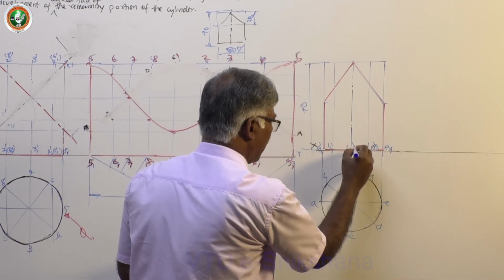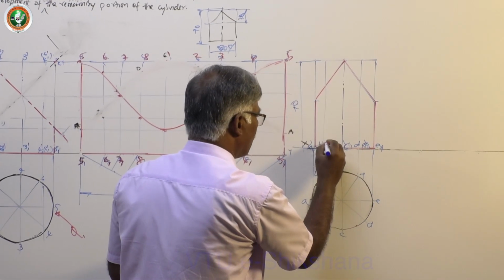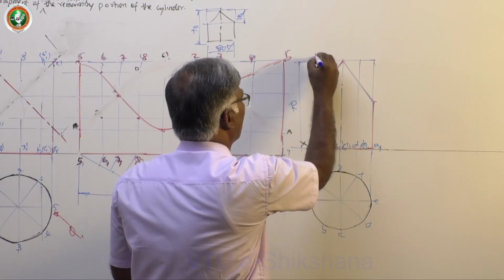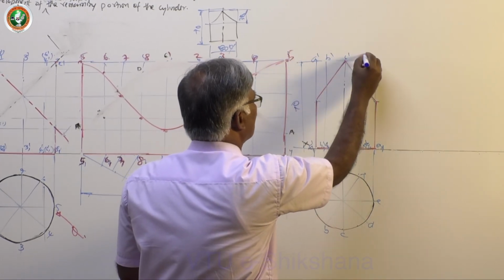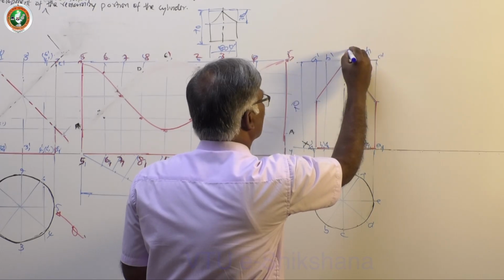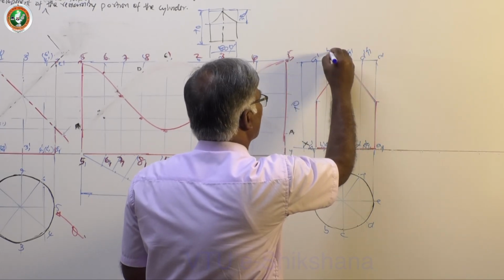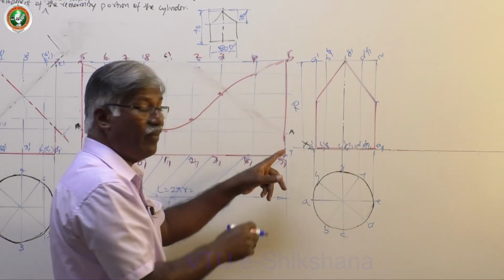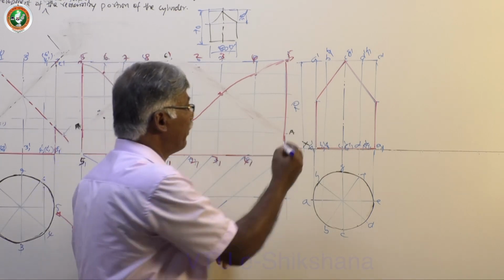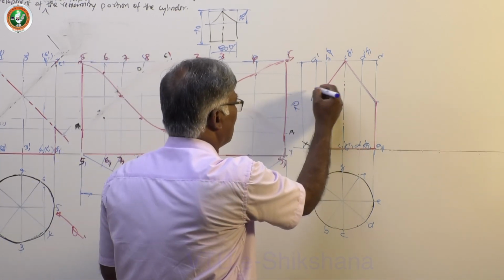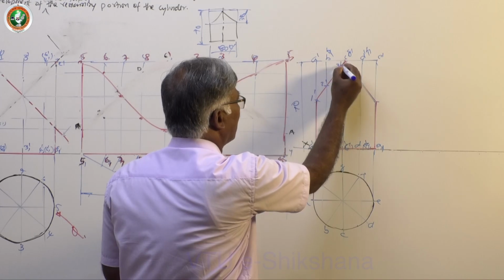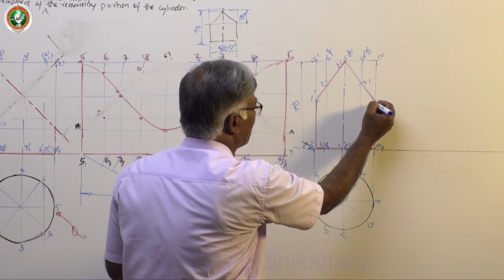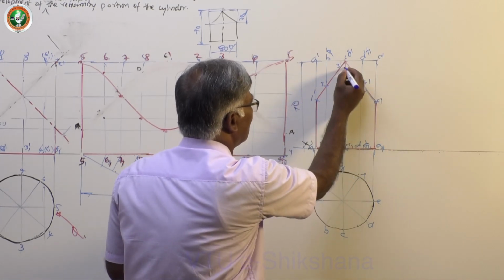Just for change I am doing it. Okay, H1 dash. This is A dash, B dash, C dash, H dash. Now we can name 1, 2, 3, 4 for the points of intersection. This is 1 dash, 2 dash, 3 dash, 4 dash, 5 dash, 6 dash, 7, 8.